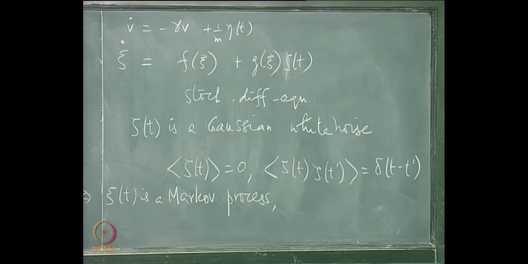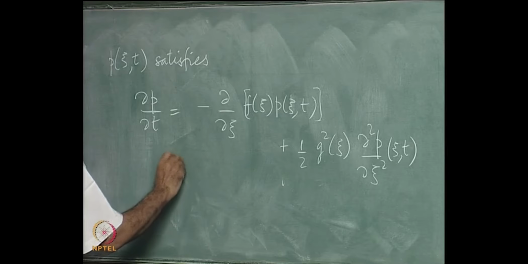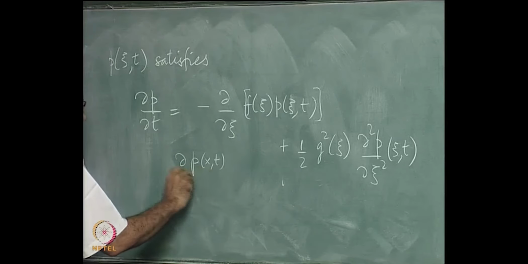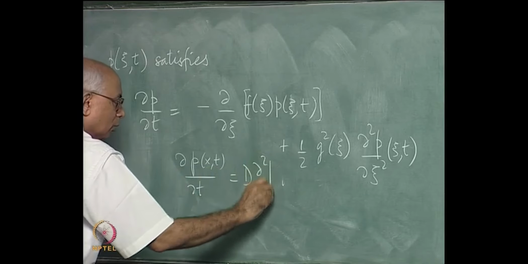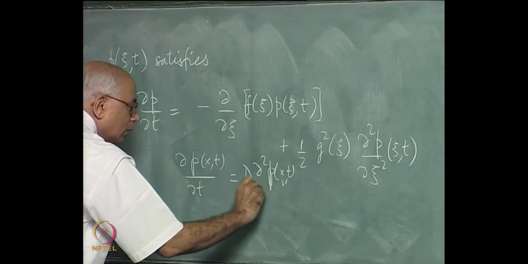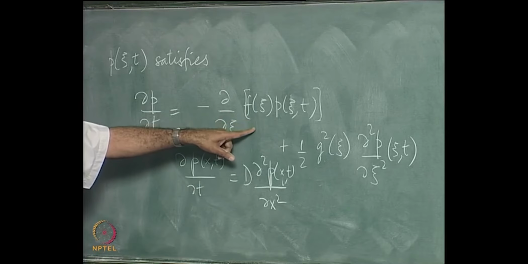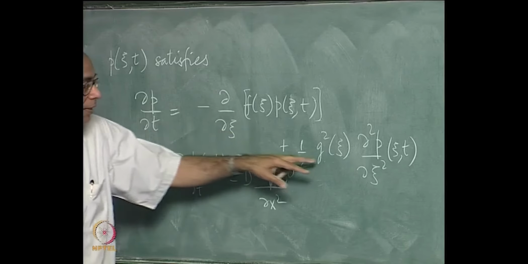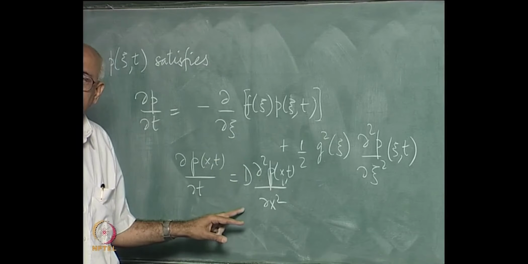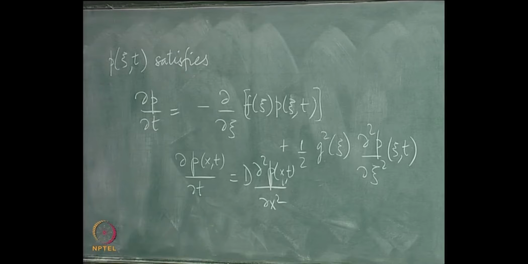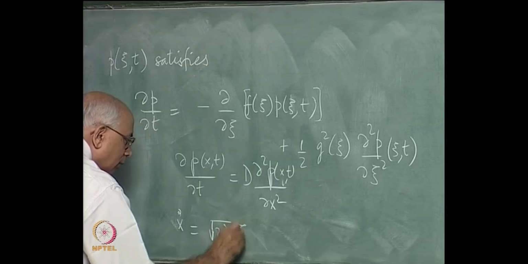So once we have this, let us go back and ask, what about the diffusion equation? What kind of process was that? Well, the diffusion equation said del p of x, t over del t was equal to D del squared p of x, t over del x squared. So it corresponded to a situation where f was 0, this term did not appear at all, and this term here was a constant given by G. So it is quite clear that the stochastic differential equation x dot is given by a white noise on the right hand side, square root of 2D times zeta of t.